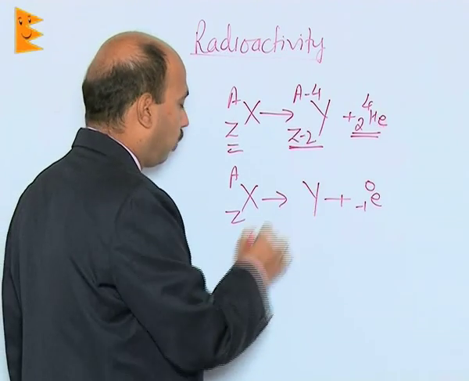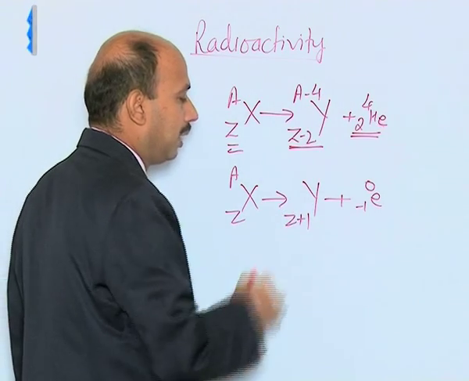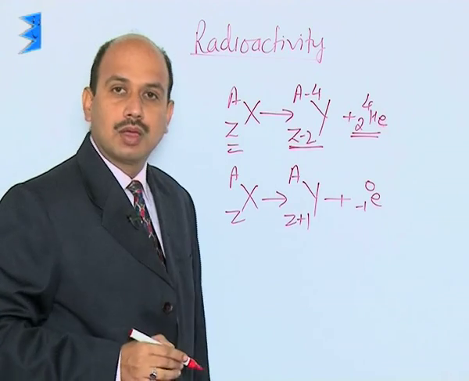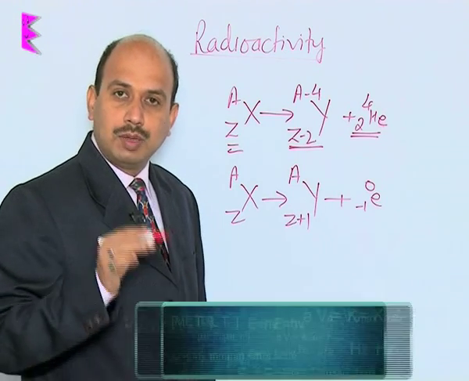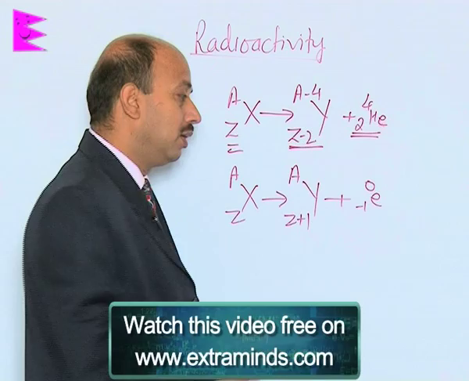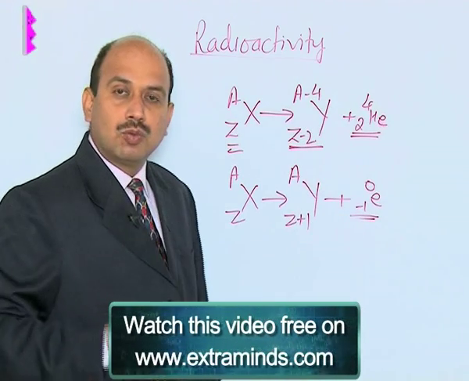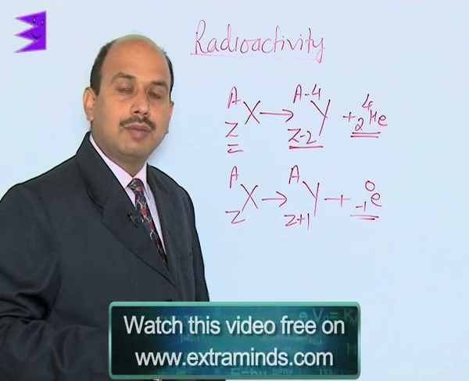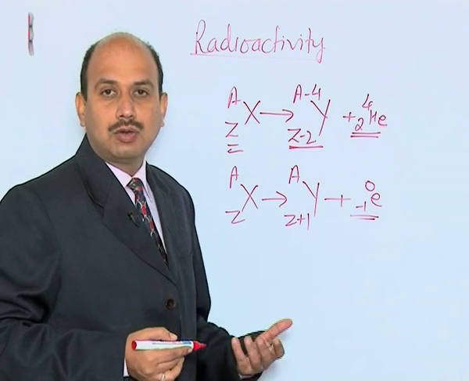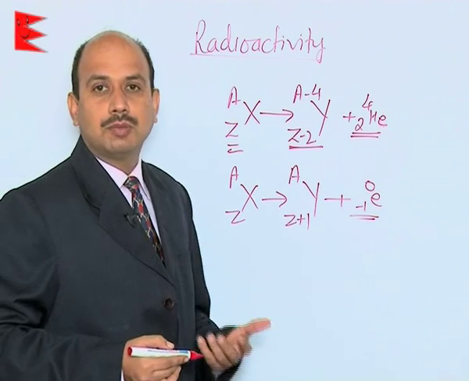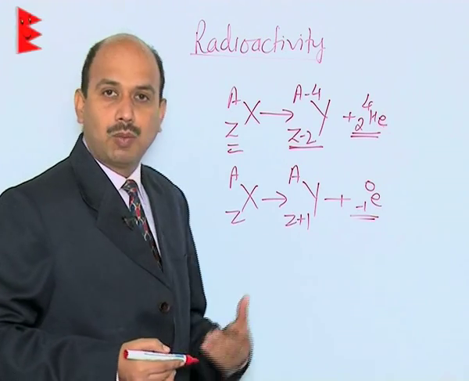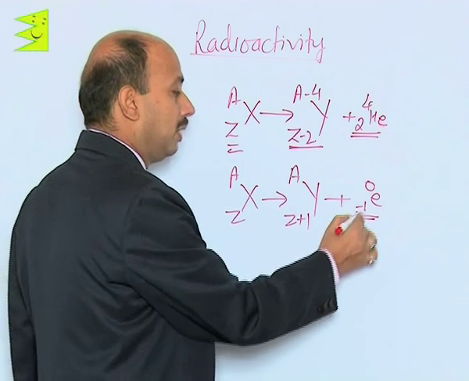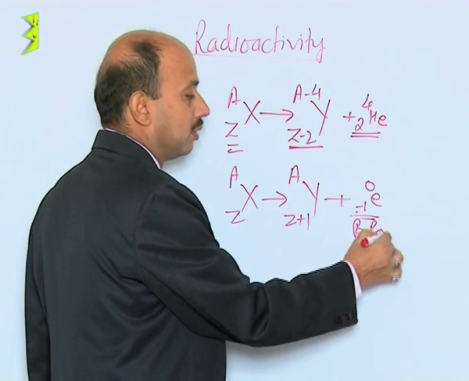Then a new element is formed whose atomic number increases by 1 and mass number remains the same, that is A. But the nucleus has only positive charges, so how do we get a beta particle, which is negative? What happens actually is that a neutron inside the nucleus, which is not stable, breaks into two parts, an electron and a proton. Because of the production of this positive charge, atomic number increases by 1 and mass number remains the same. So this is called the beta particle.